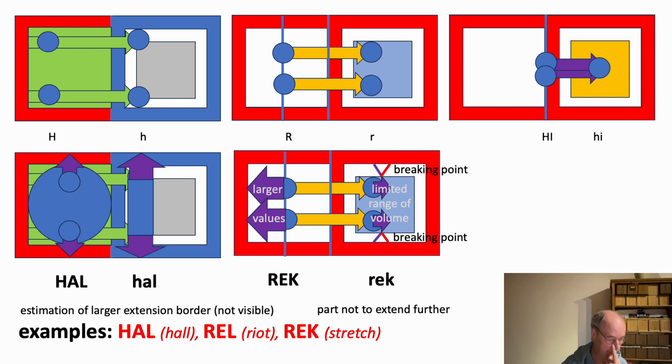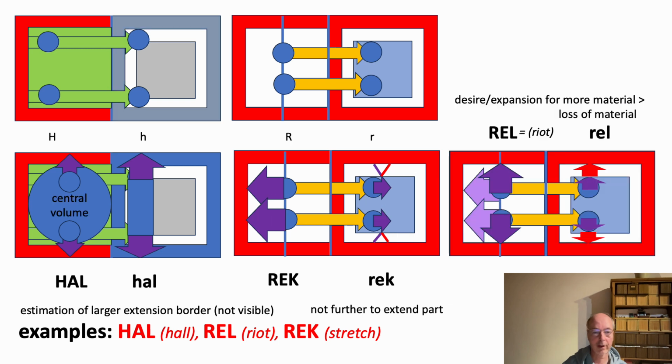So it is always this comparison, but we will not be able to grasp the full stretching. We are limited in our stretching. If we cross the borders of what we can stretch, it will break. That's why the K is there as well. So the stretching is not indefinite. We are limited in our stretching of values in a volume, and that's the expression of the word REK.